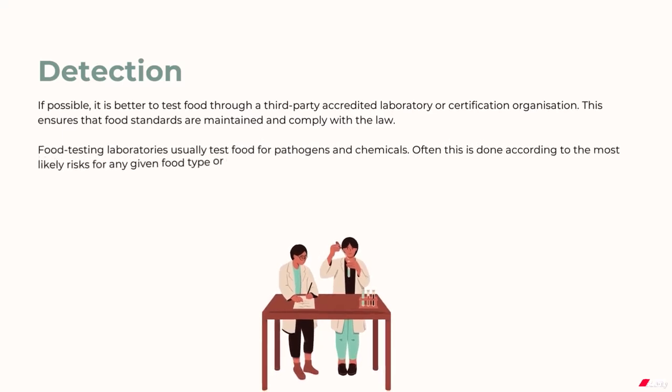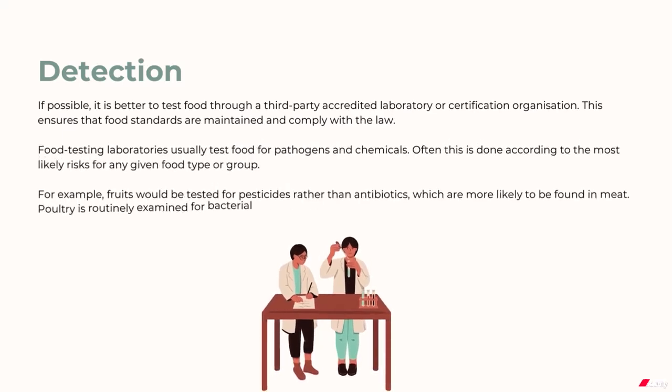Detection. If possible, it is better to test food through a third-party accredited laboratory or certification organization. This ensures that food standards are maintained and comply with the law. Food testing laboratories usually test food for pathogens and chemicals.